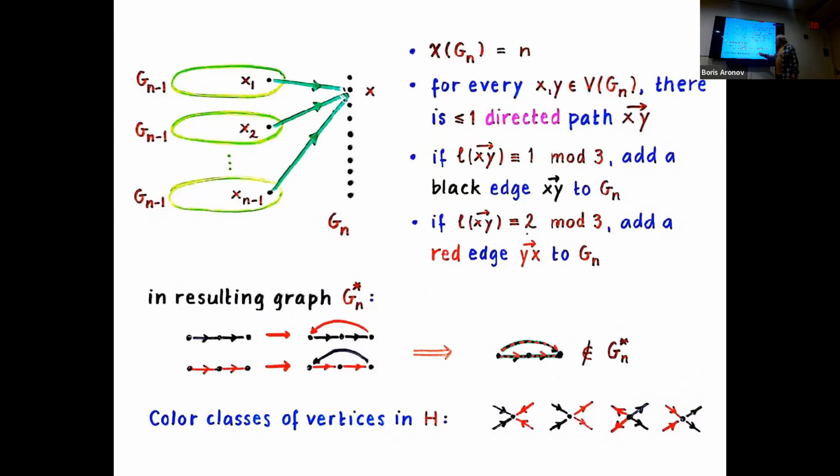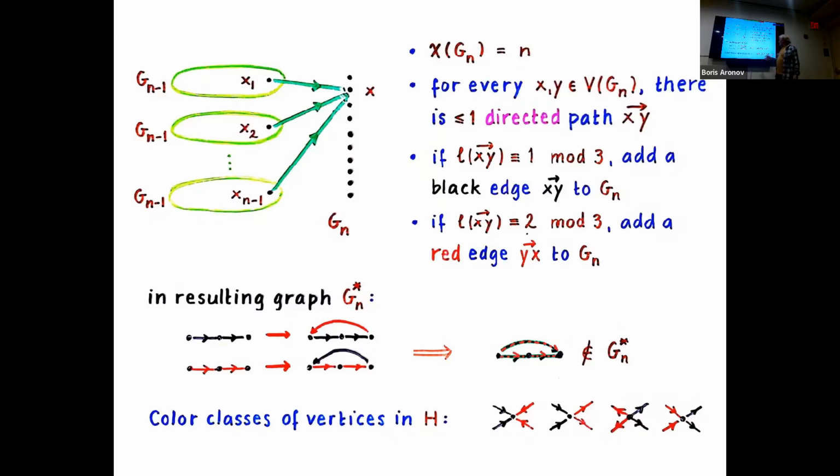So it cannot happen that at a point there is an incoming black edge and also an outgoing black edge. Because if there is an incoming black edge and an outgoing black edge, then because of this picture, there should be a third edge connecting them, but it's a triangle-free subgraph. There is no third edge.